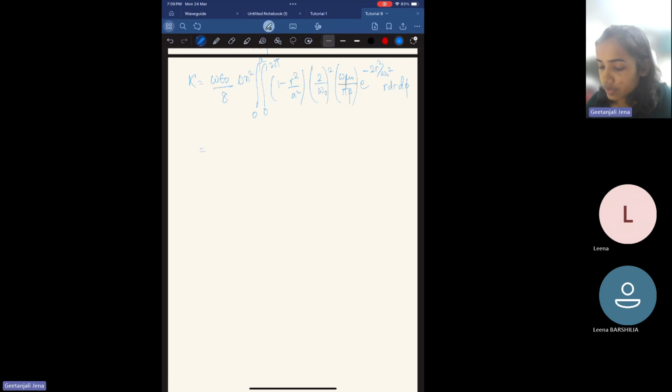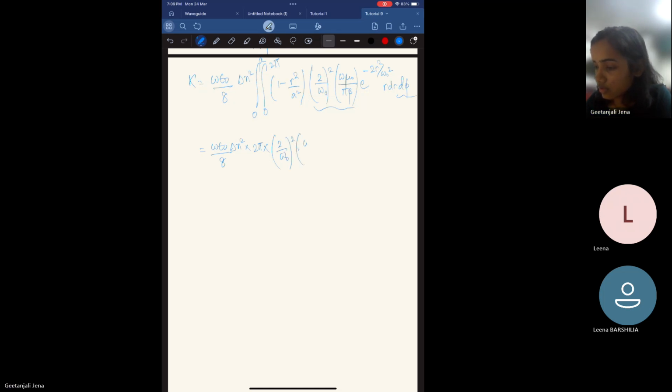So now let us separate the constant terms. This is 8 delta n square, and d phi will give a 2 pi term. And we have this term, 2 by omega 0 square, omega mu 0 by pi beta.